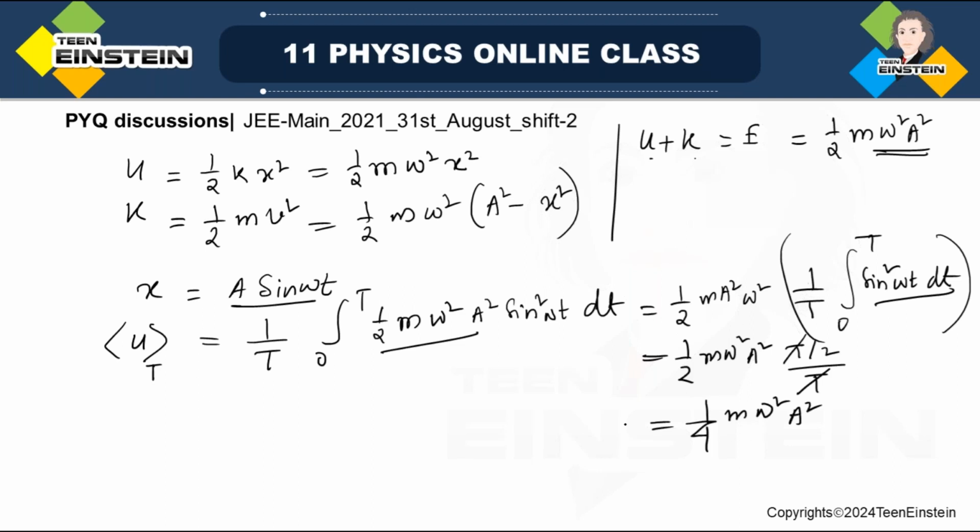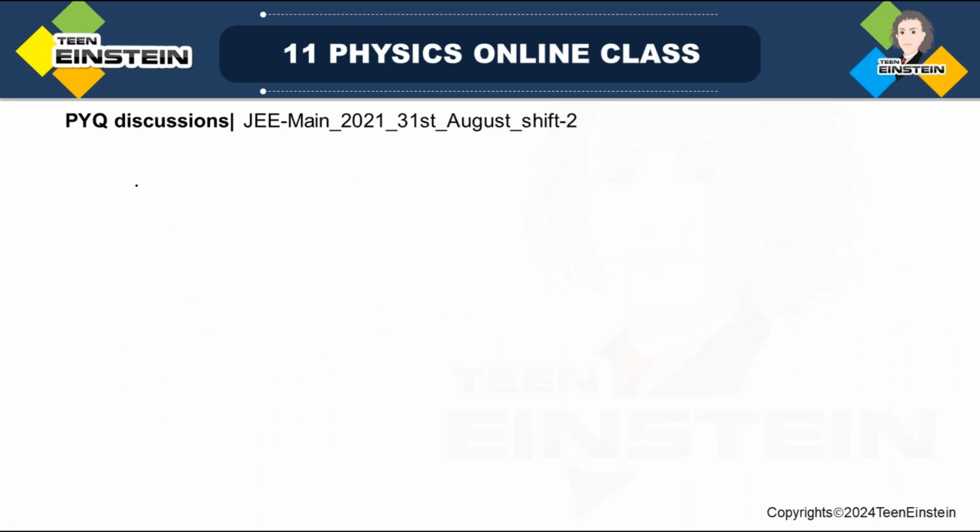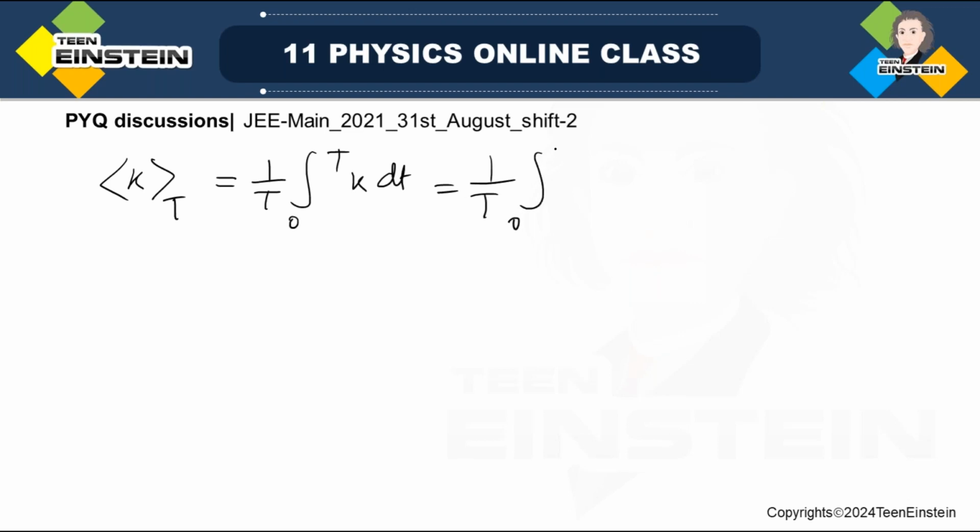Now the average of kinetic energy for one time period. In the same way, I have to write 0 to T of K dt.